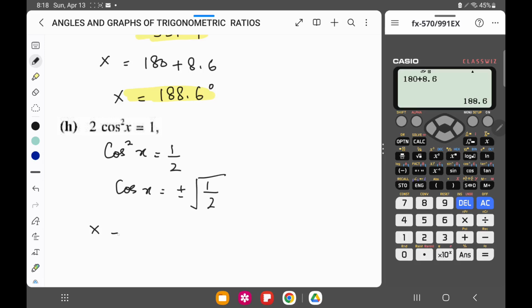So we'll find x equal to cos inverse of plus 1 over root 2, or x equal to cos inverse of minus 1 upon root 2, these two things. So we are going to find the angles there. Okay, so shift, first of all find the positive one. Okay, wait.